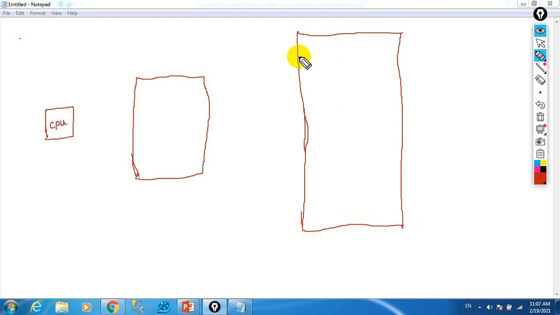Okay, so in main memory what we have, blocks. Blocks up to so on.